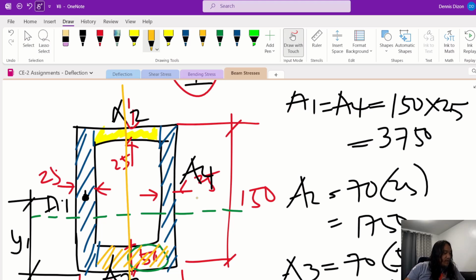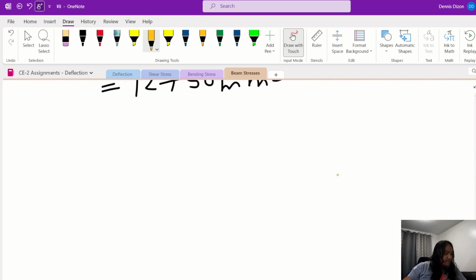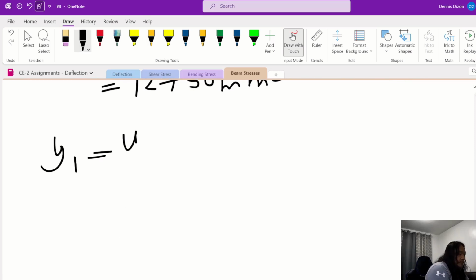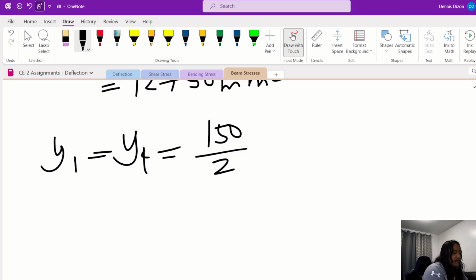This is y1, and then this is y2 here at the middle. This is y2, and then this is y3 at the middle. So y1 is equal to y4 because that is the same area. So this is 150 over 2, which is 75.